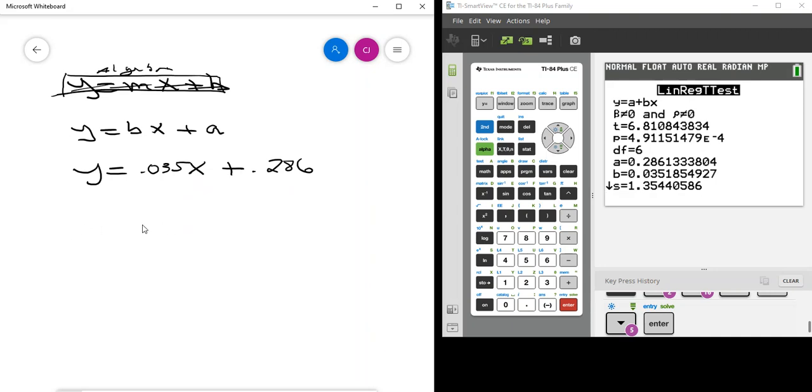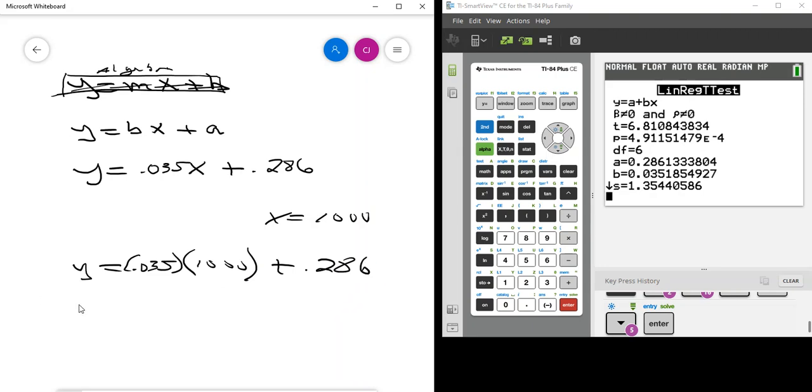So let's say that our sales X is 1,000. Okay. So I have Y equal to 0.035 times X, 1,000, plus 0.286.